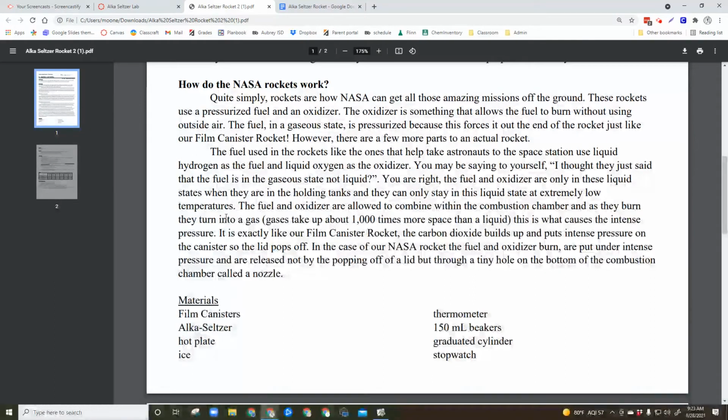So in a rocket, when this fuel burns and turns into the gaseous state, it takes up 1,000 times more space than the liquid. Well, the combustion chamber is pretty small. So when the gas expands, at the bottom of this chamber is a little hole called a nozzle. That's the only place for the gas to escape.